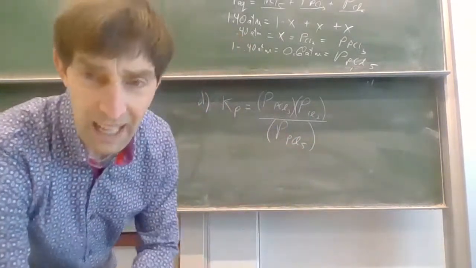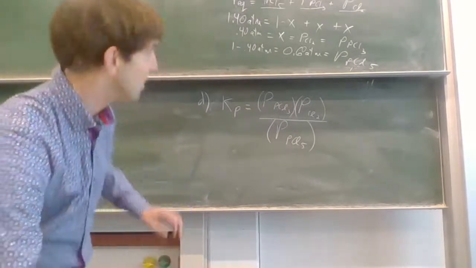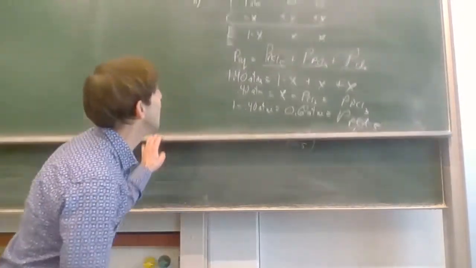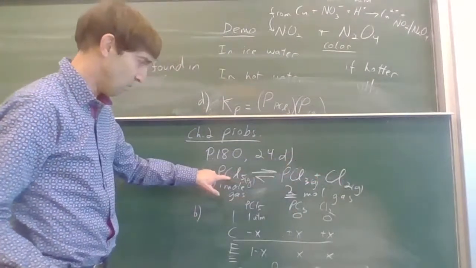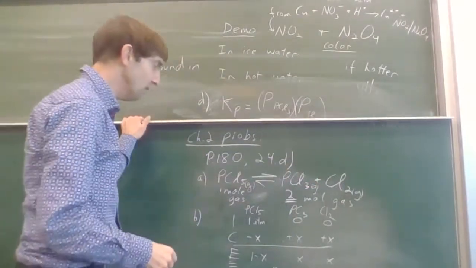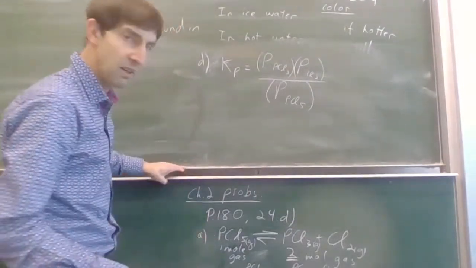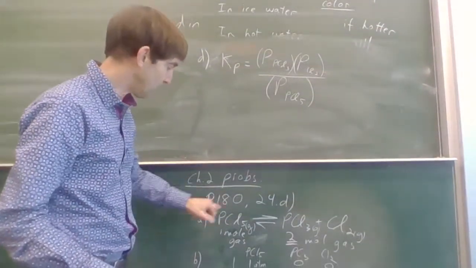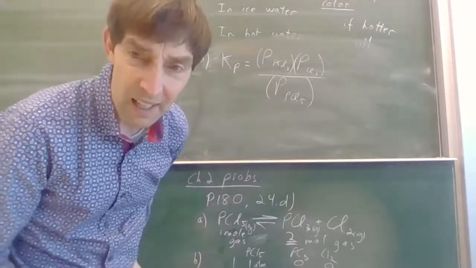So, just so I don't lose anybody, it's products divided by reactants again, right? Products divided by reactants, okay? You guys should do that so you can see that. Okay, there's my equation.